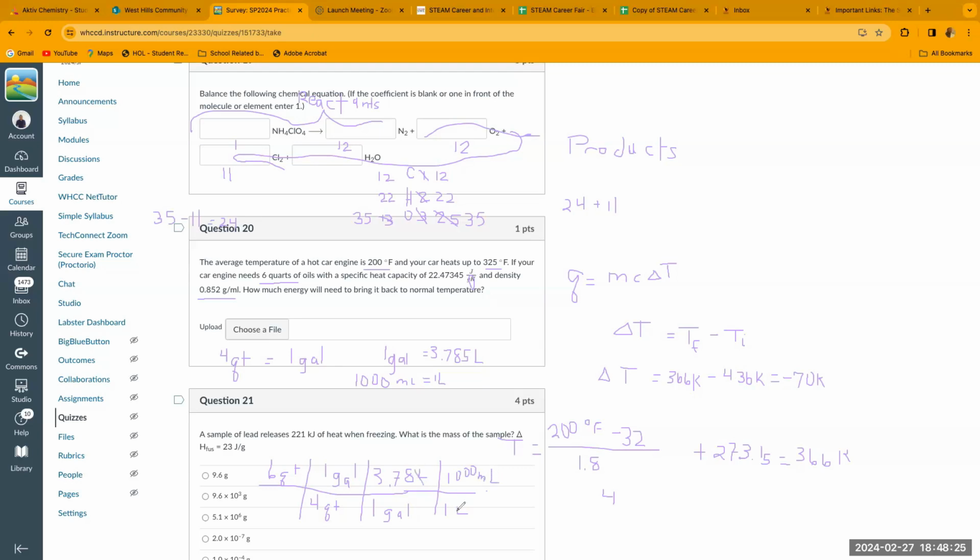Then liters, gallons, and quarts are going to cancel out, and we can use our density to get our mass. Milliliters are going to cancel out.